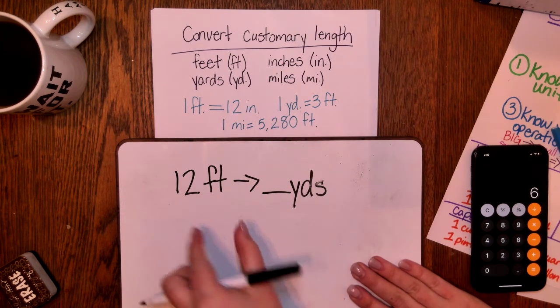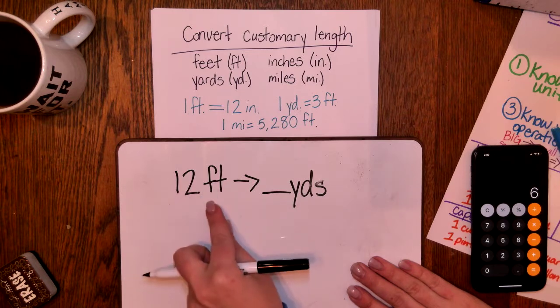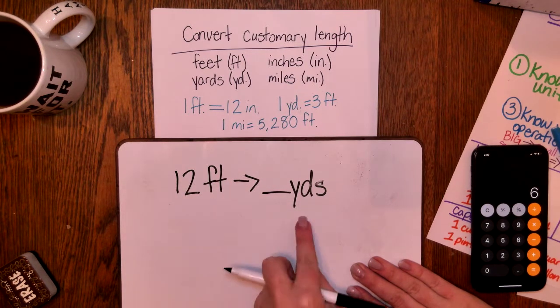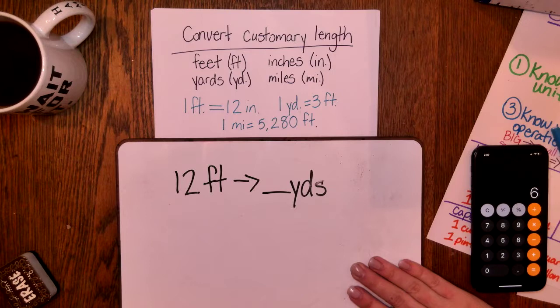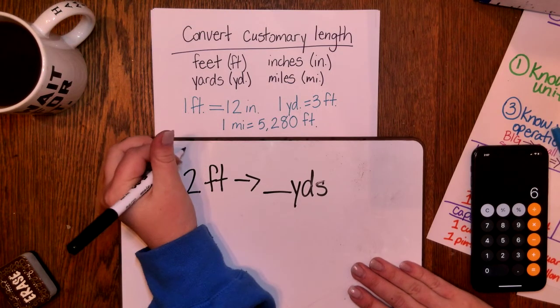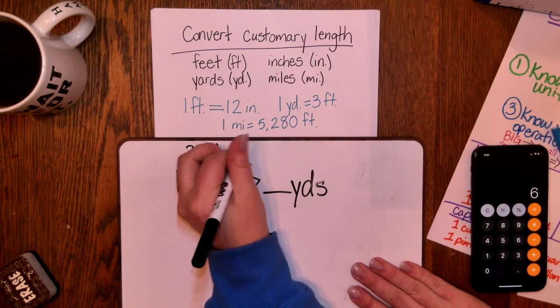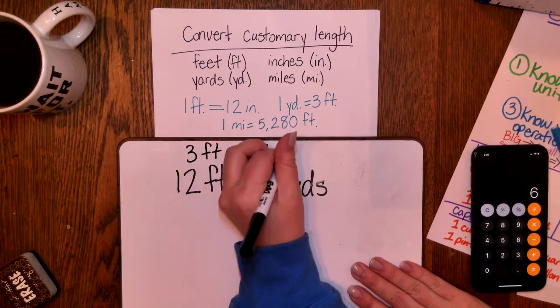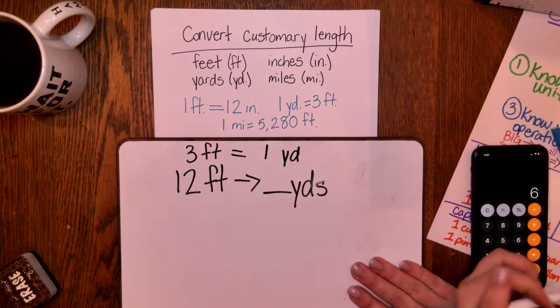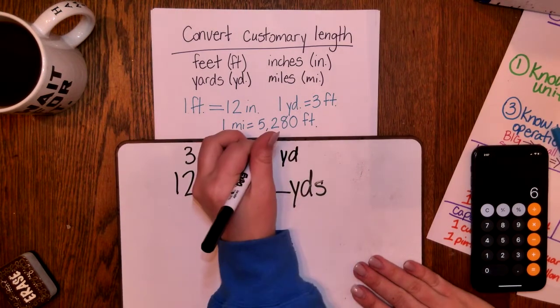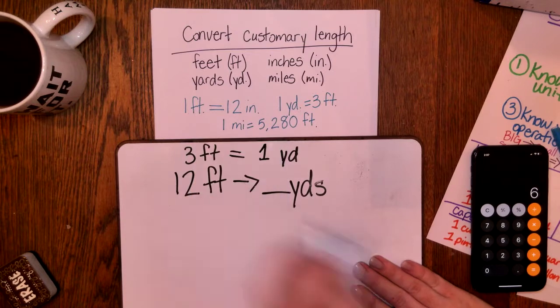And when I write it down, I like to make sure my feet are on the same side and my yards are on the same side. That keeps Miss Wakefield organized. So, 3 feet equals 1 yard. And you know how important it is to Miss Wakefield to write things down correctly.